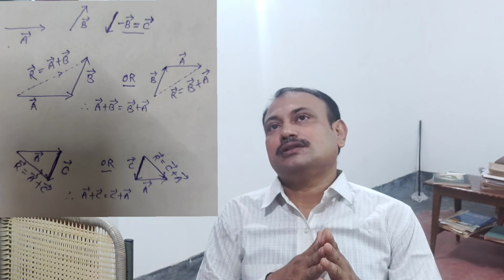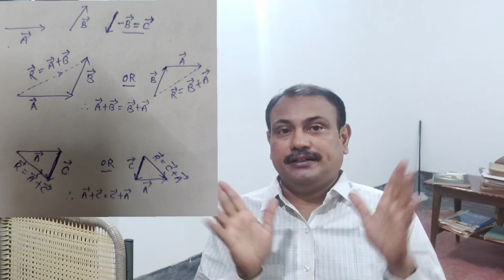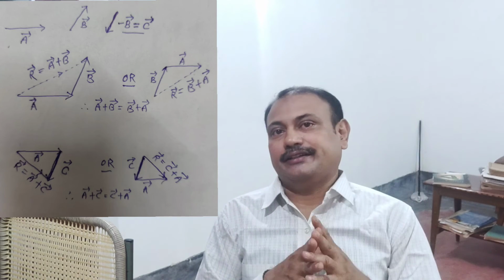So that will become A vector plus C vector, giving rise to a resultant vector.